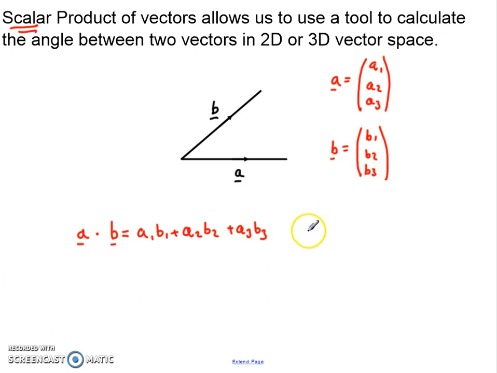Now take into account the signs. If there are negatives, these still go, so we could end up with A1 B1 minus something because one of the terms is negative. Be very careful because all that holds. It's not like magnitude where we get rid of this, it keeps that in play. If there's a negative value, it will have an effect.